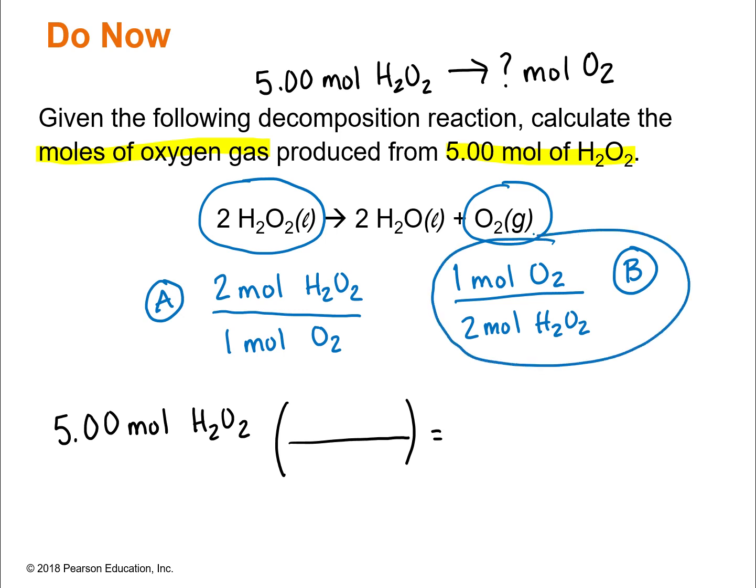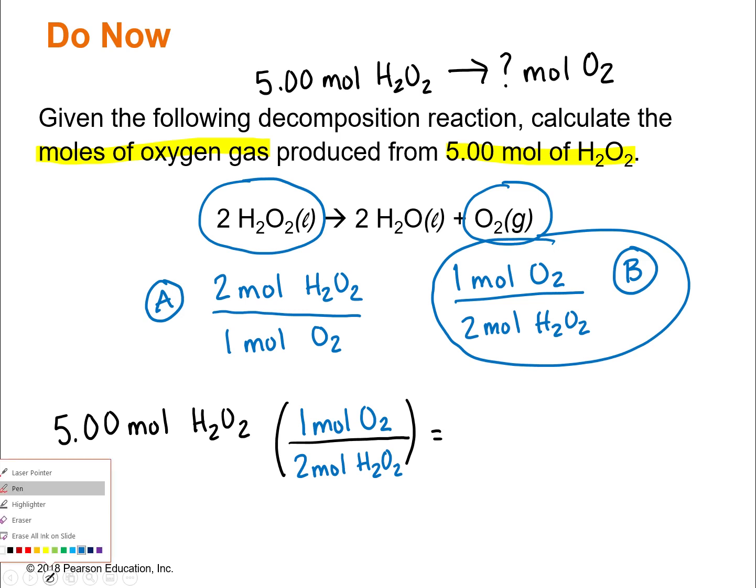We're going to use B. And before you do any math, always make sure that you double check that your units cancel out. So we're left with moles of oxygen gas, and that's what we want.